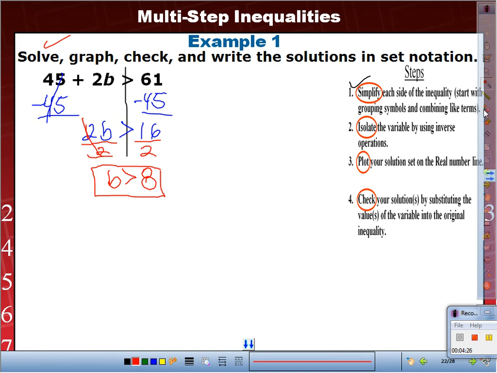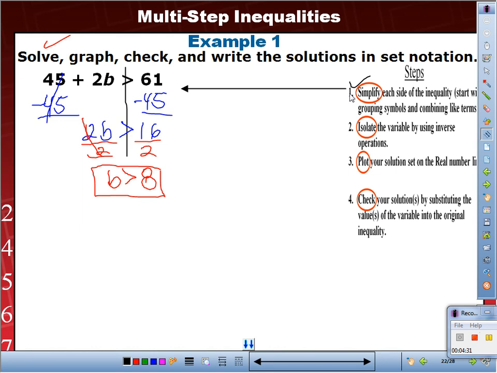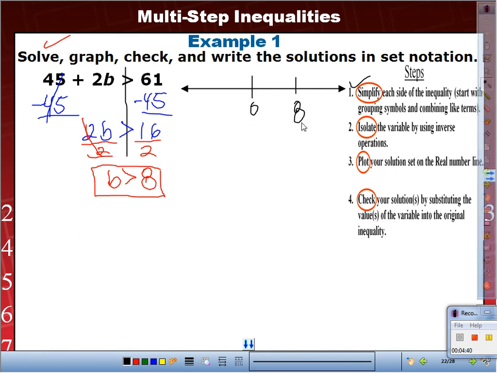Let's go to graph. On the side, I'm going to draw a number line, nice and straight. Do the same, please. 0, and you got 8 right here.